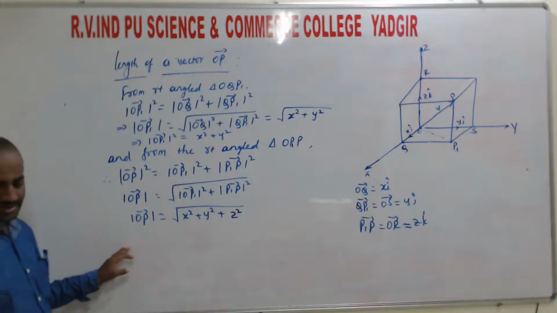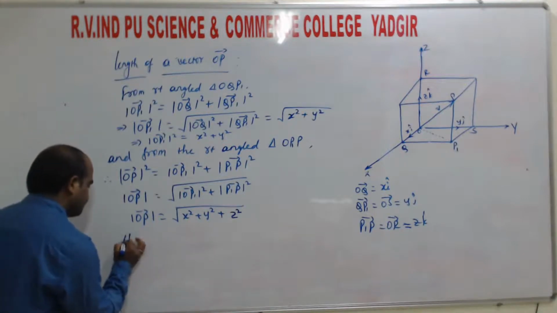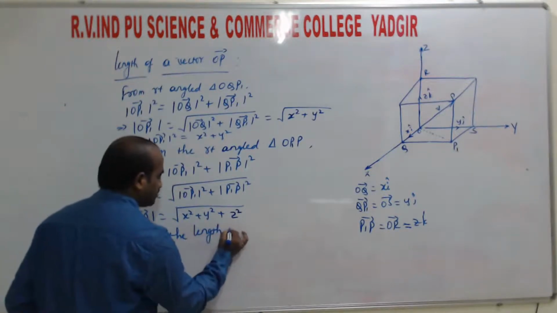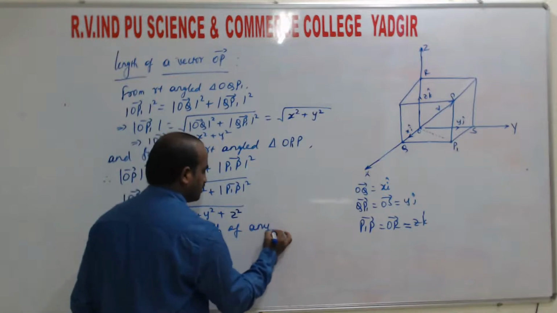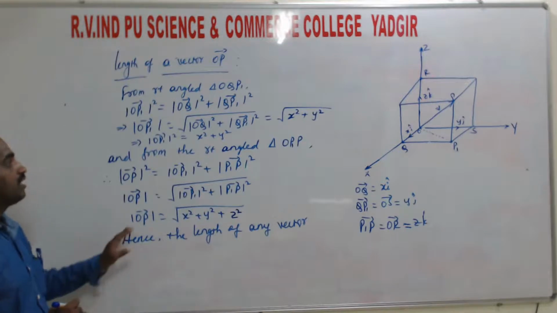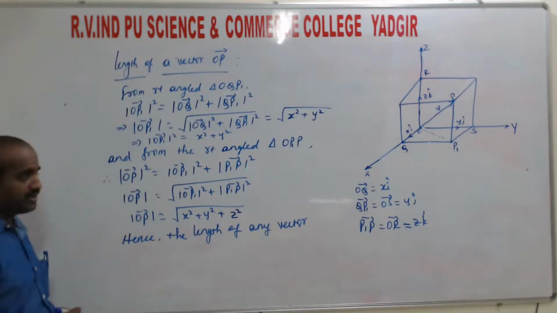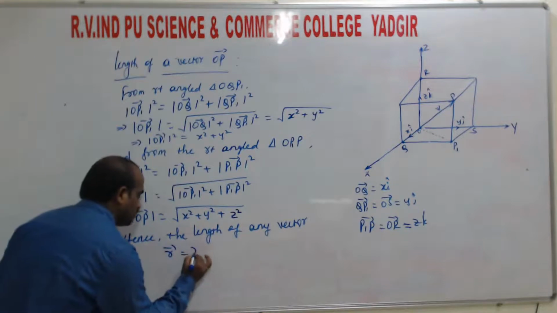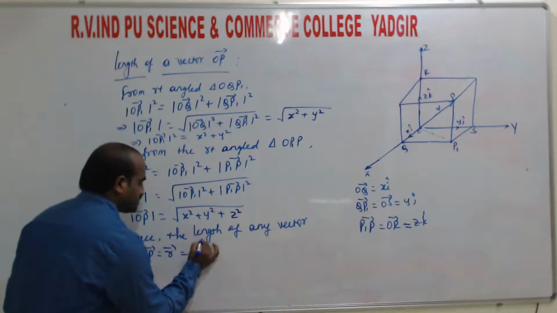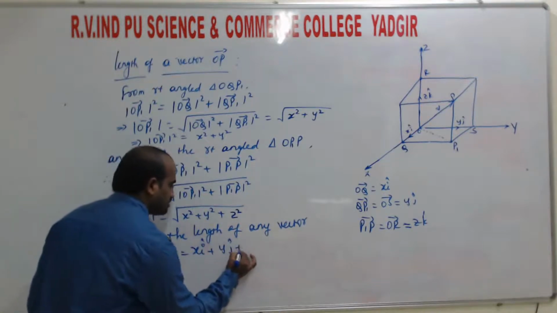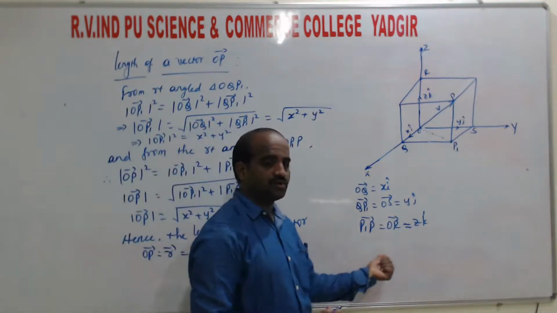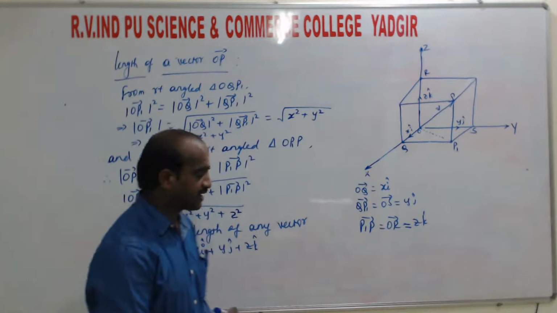The length of any vector R vector is equal to what? R vector or OP vector is xi plus yj plus zk. For example, a vector is equal to 2i plus 3j plus 5k.